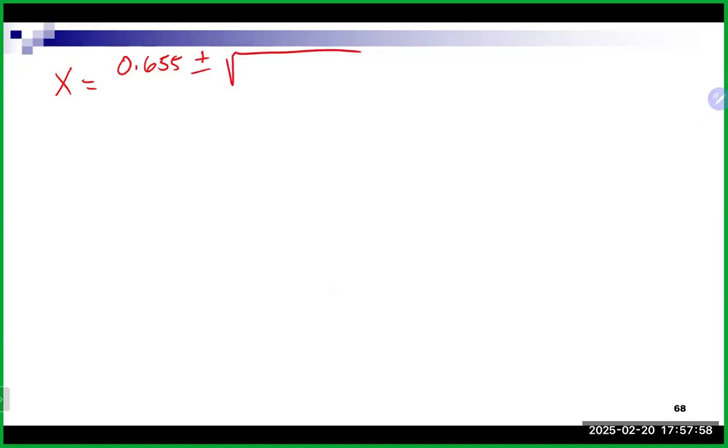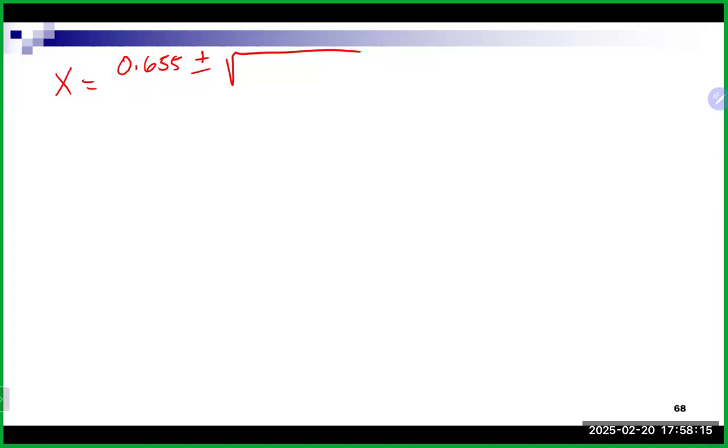And I'm just going to do the square root part inside here. That's b squared, 0.655 squared, minus 4 times a, which is 50.3, times c.